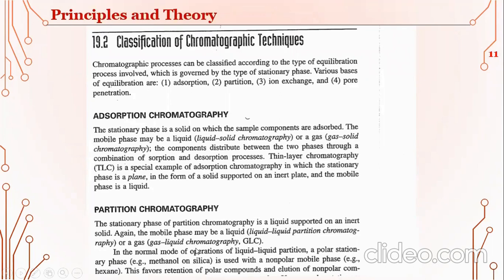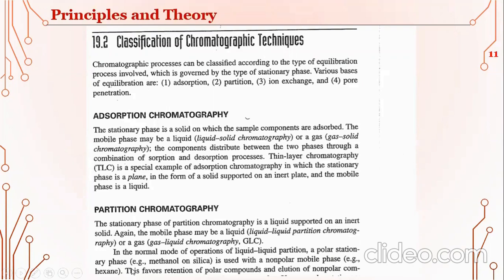So now you can see the polar stationary phase is used, and the non-polar hexane will not interact with the polar, because polar will interact with polar. It will not interact with the non-polar. So we are using the polar stationary phase and the non-polar mobile phase.